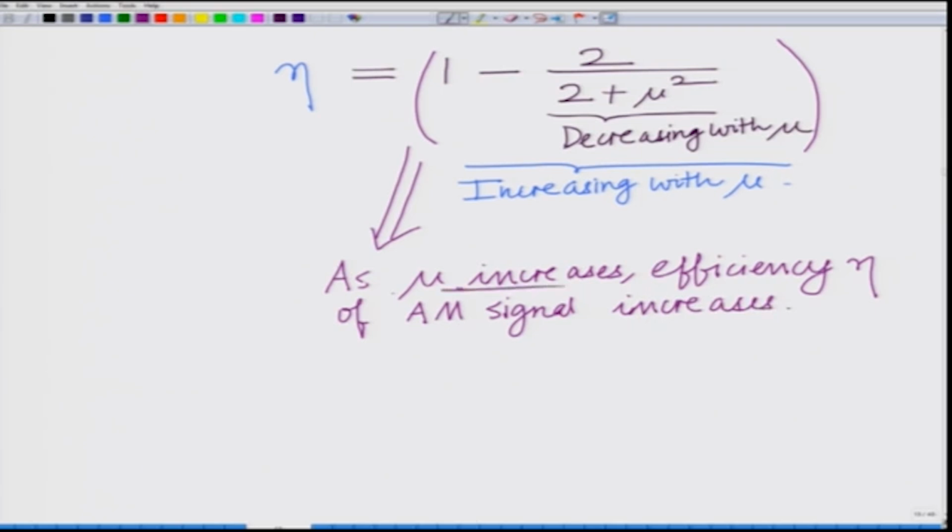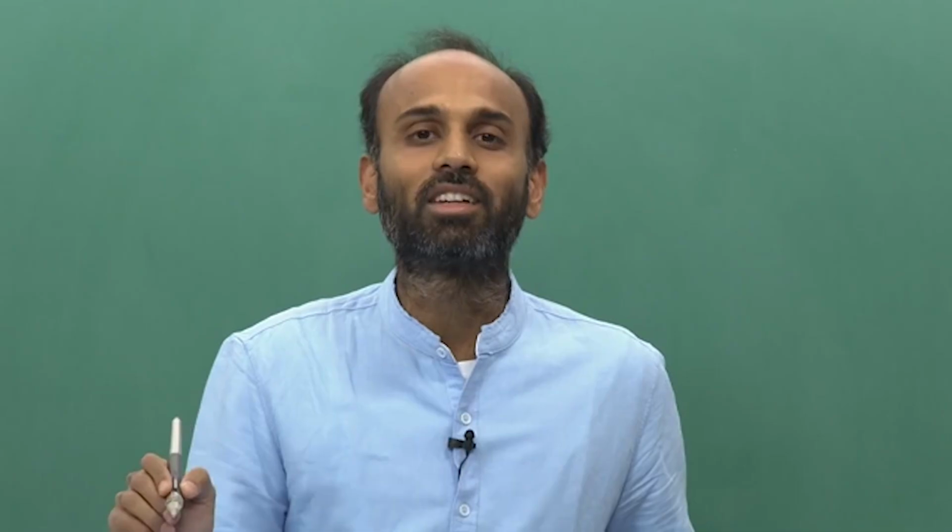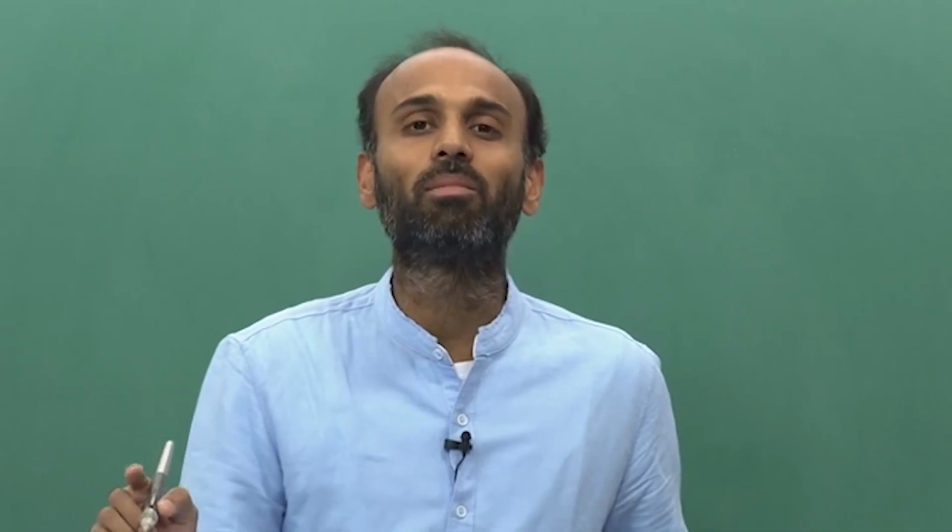This is important to remember. Now, however, interestingly, remember that for envelope detection, the modulation index mu has to be less than or equal to 1. If mu is greater than 1, the signal becomes over modulated. Therefore, for envelope detection, the maximum value mu can take is 1.